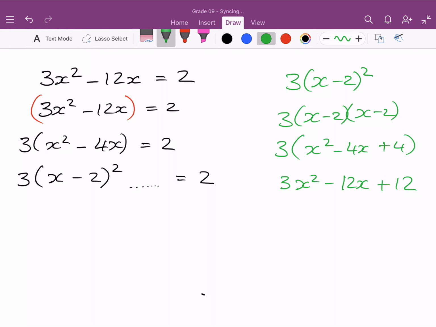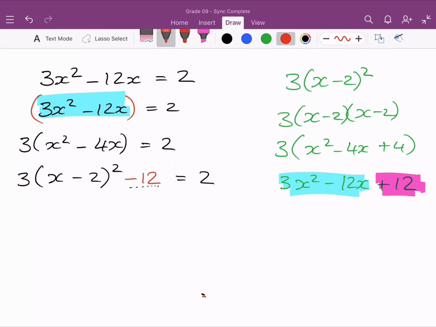So we have a look at this. We have our 3x squared minus 12x, and we have an extra bit, a plus 12. So what we have to do is get rid of our plus 12, so we subtract 12.